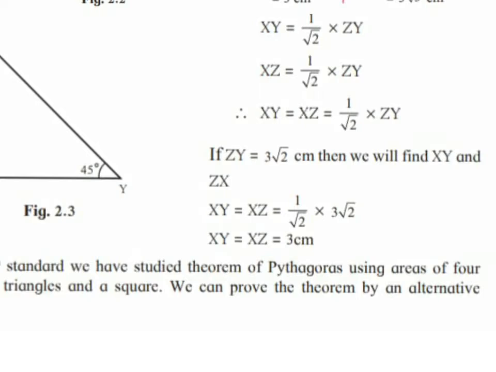XY is equal to XZ, which is equal to 1 upon root 2 into the hypotenuse, and the length of the hypotenuse is 3 root 2. So side XY, which equals side XZ, is 3 centimeters. Using these properties we can solve this type of example, and we are going to use these properties for the proof of the Pythagoras theorem.